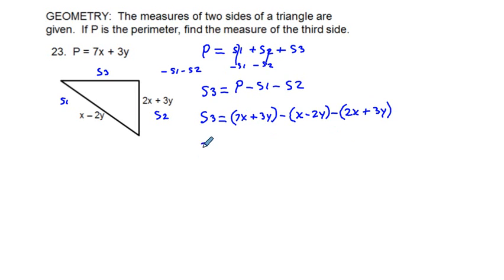And now side 3 is going to be equal to, I'm just going to rewrite this perimeter 7x plus 3y. And then we have this minus x. So minus x minus negative 2y is going to be plus 2y. And then we have minus 2x minus 3y.